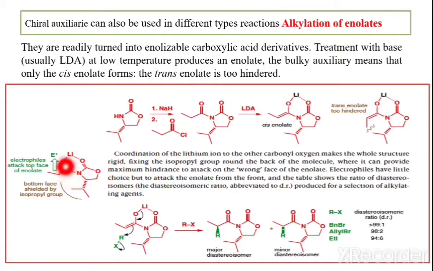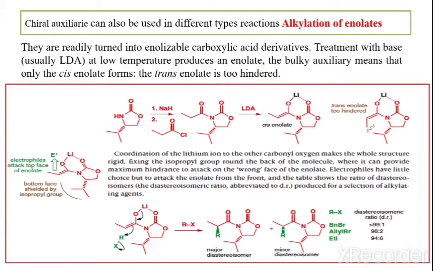Due to this coordination between lithium and oxygen, the whole structure is rigid, fixing the isopropyl group around the back of the molecule, where it can provide the maximum hindrance to attack on the wrong face of the enolate. Now the electrophiles have little choice but to attack the enolate from the front.